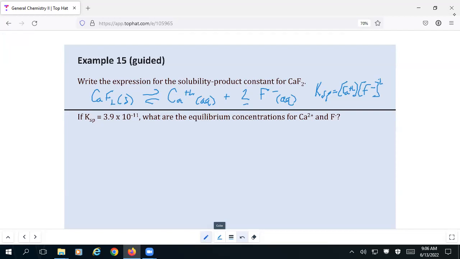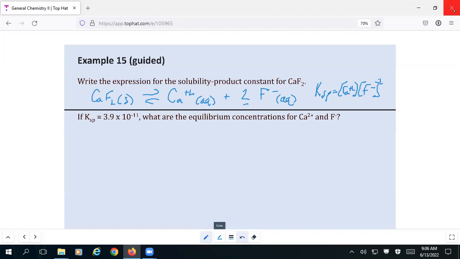So if you want to know the most common mistakes made in KSP expressions, it's rushing through them, forgetting the exponents, doing the ice tables and forgetting that there's going to be twice as much fluoride as calcium.